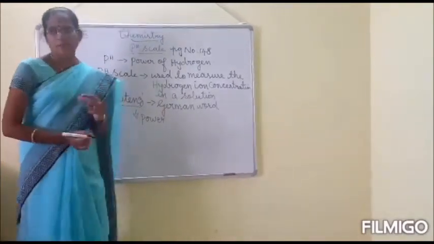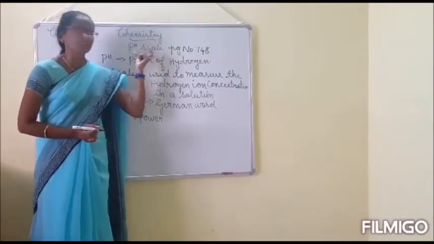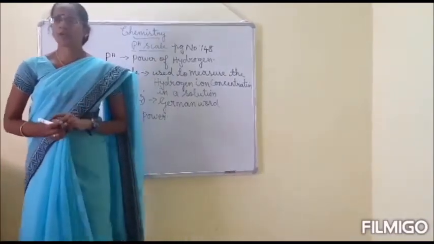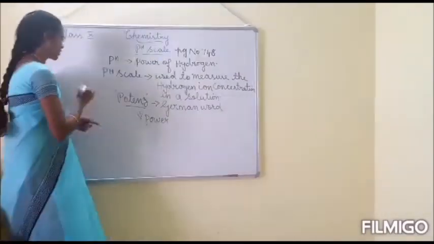So potence means power. The pH scale was first devised by the Dutch biochemist Sorensen in 1909.